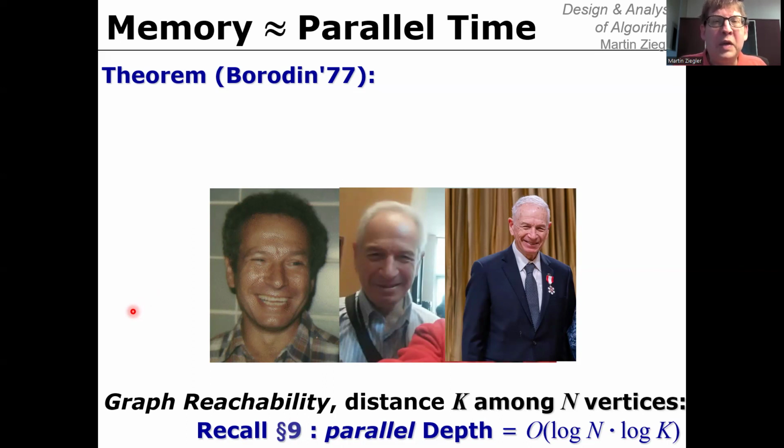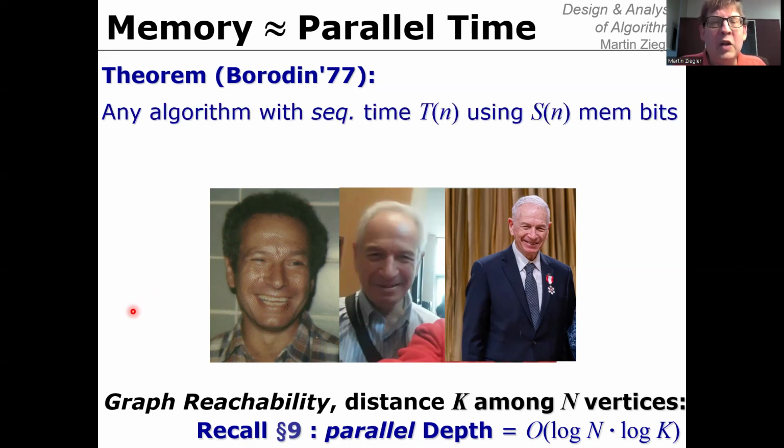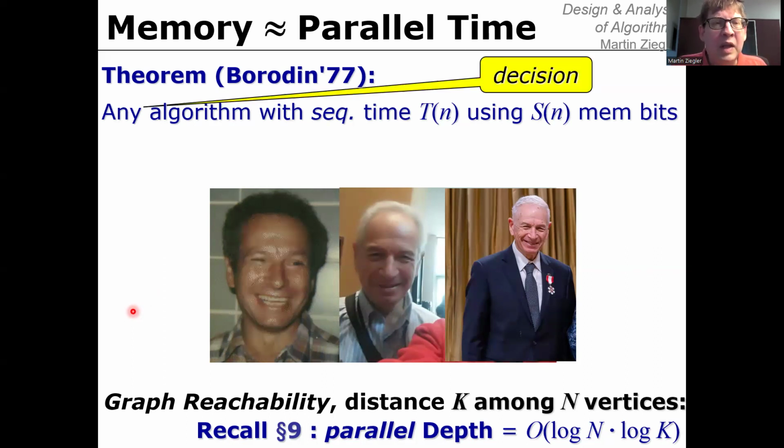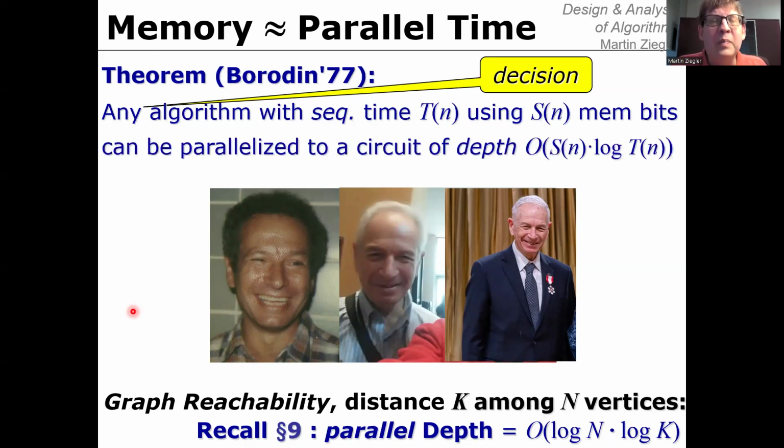So the statement of Borodin's theorem says that any algorithm whose sequential running time is T of n and which uses S of n memory bits, so memory and sequential running time, can be converted to a parallel algorithm, namely a circuit, whose depth, that is the parallel running time, is S of n, the memory use of the sequential algorithm, times the logarithm of the sequential running time.